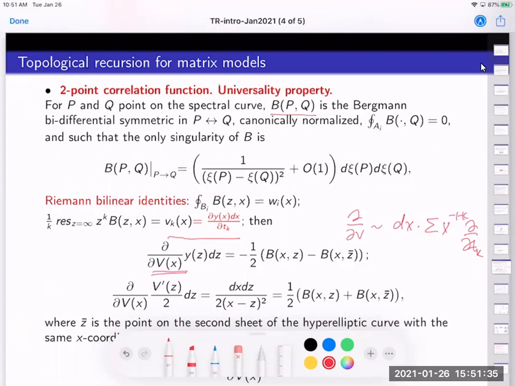And if, for example, I acted by the same operator on derivative of the potential, it's easy to evaluate. It produces this simple term, and in a hyperelliptic case, this simple expression itself is a combination of these differentials.